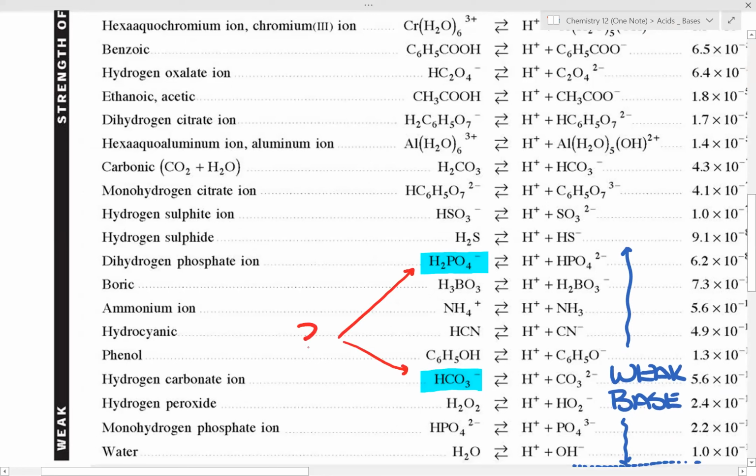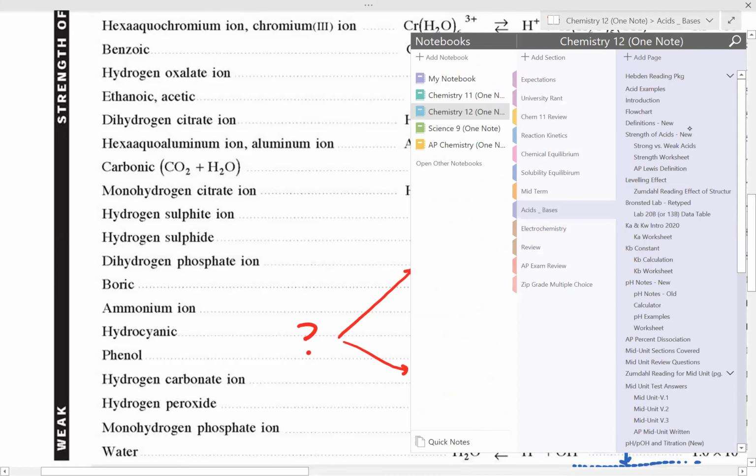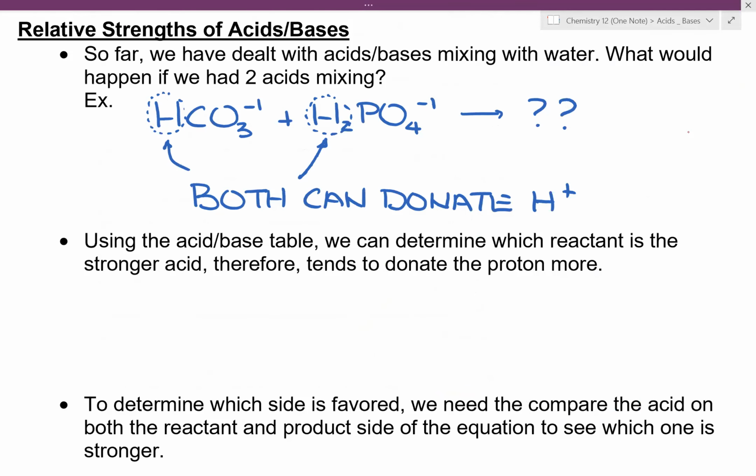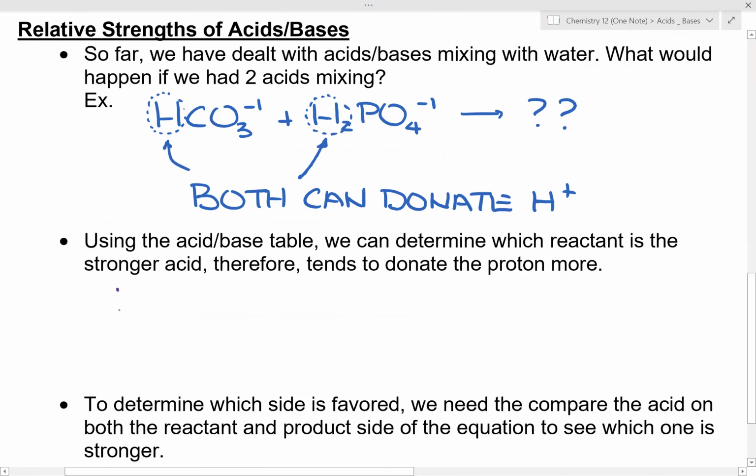In this case, you will notice that H2PO4 is higher up on the left-hand side. And so as a result, it is the stronger acid. So if we were to look back here, in this particular case, we would say H2PO4 is stronger.